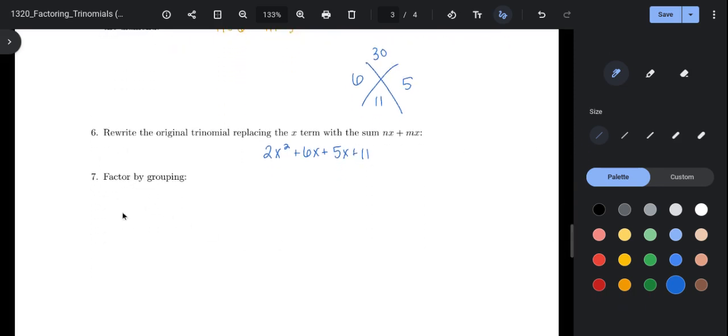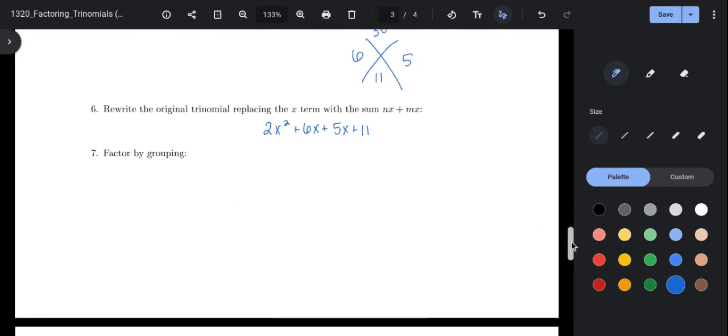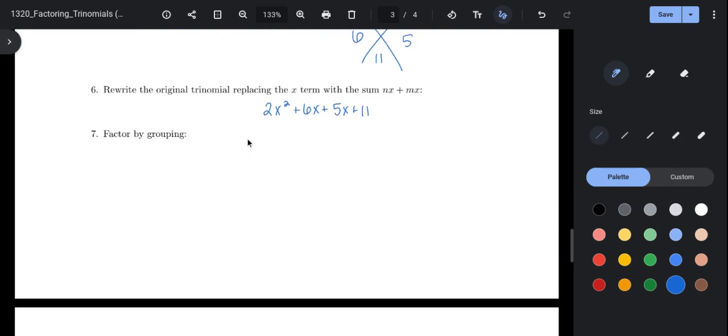And the next step asks us to factor by grouping. We're almost done here. So remember, when we factor by grouping, we are putting parentheses around two terms next to each other. So we have 2x squared plus 6x in parentheses and 5x plus 11 in parentheses. That's an equal sign there.